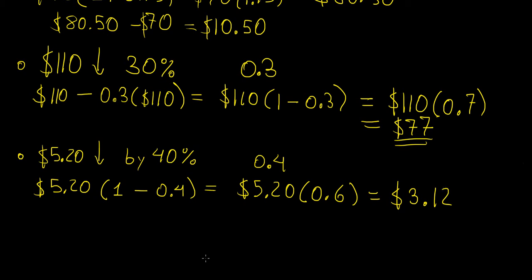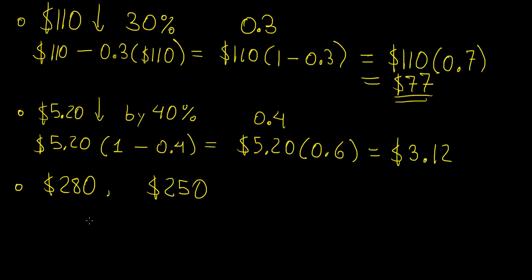In a similar manner, we could be asked something like, find the percentage change of a product if the original amount was $280 and the new price is $250. In that case, we want to find out how much the discount was on that product. So what we're going to do is calculate the difference between the two.